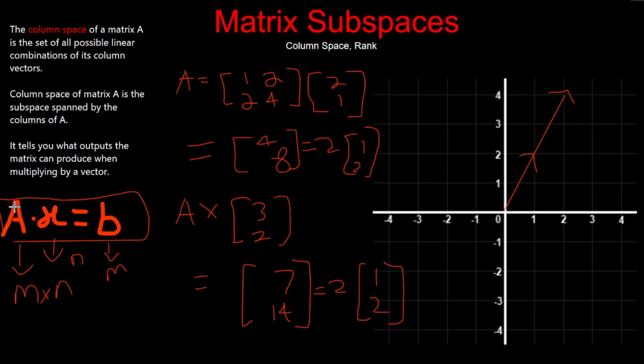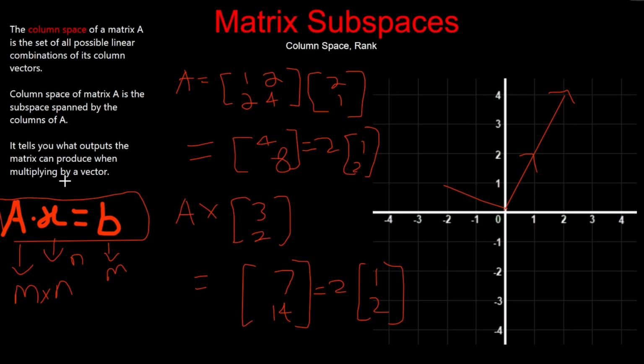Let's take this general equation where A is a matrix multiplied by vector X gives vector B. A is a matrix of size m times n, or m rows and n columns, X has n entries and vector B has m entries. So when we multiply a matrix with a vector, we get a new vector.